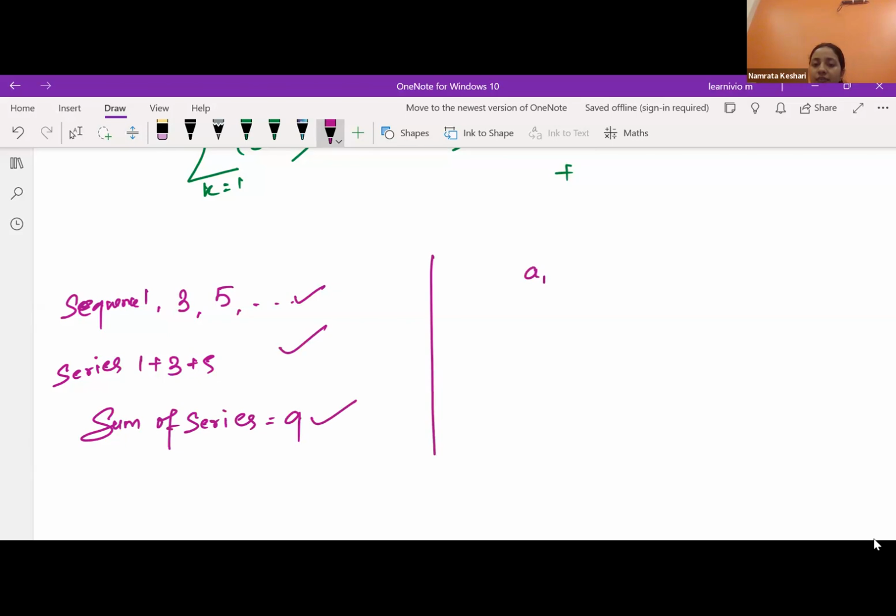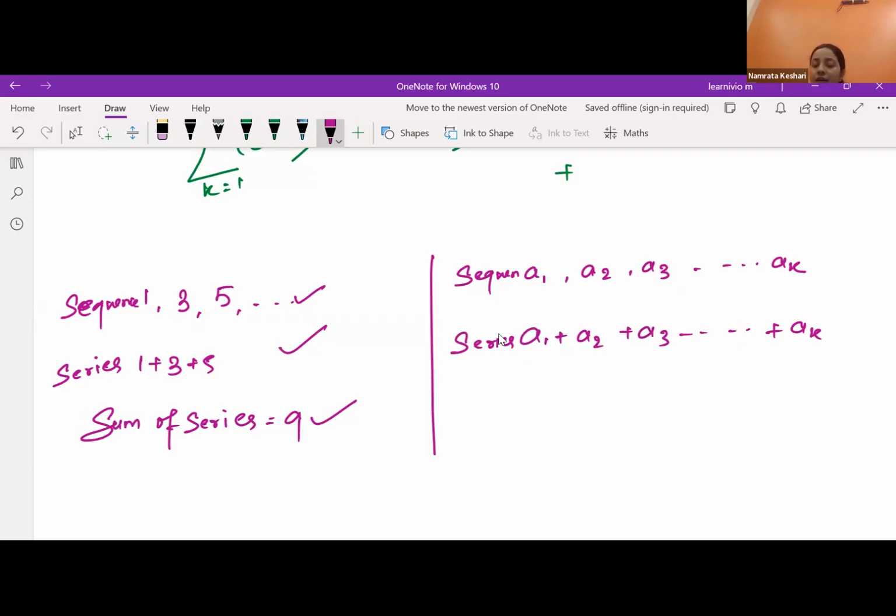Now if we have a1, a2, a3, dot dot dot ak, this is a sequence. If we write a1 plus a2 plus a3 dot dot dot plus ak, this is the series associated with the given sequence.